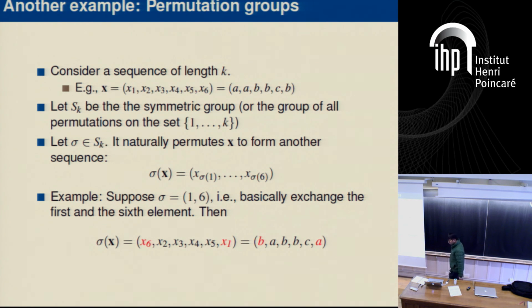Now, this is one question you may ask. Some permutations will have the property that after the permutation, the sequence will become the same as before. So these permutations are the interesting permutations we're looking at now.